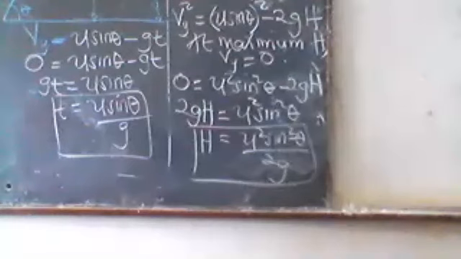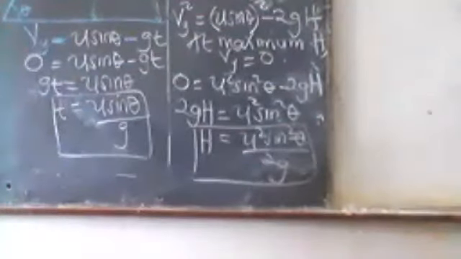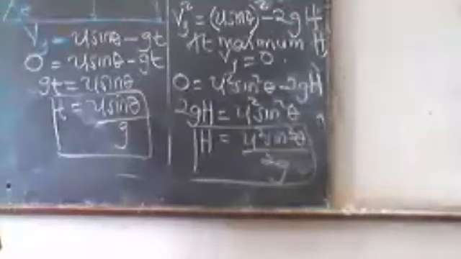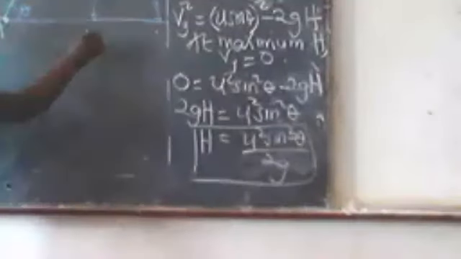Then horizontal range. For horizontal range, we say that it is to a point where the body lies on the same horizontal ground.